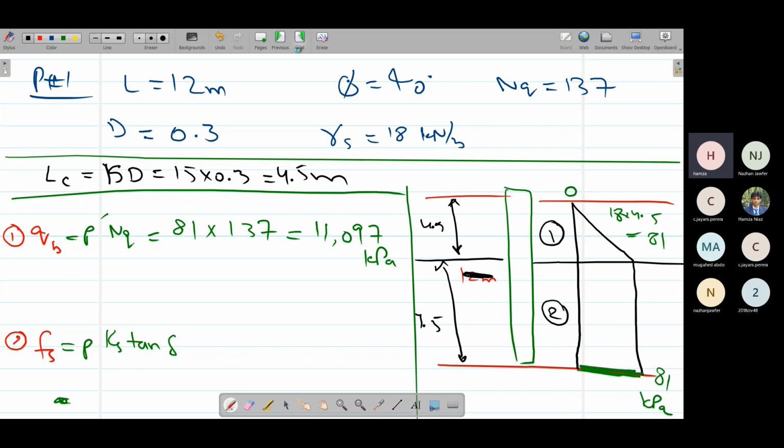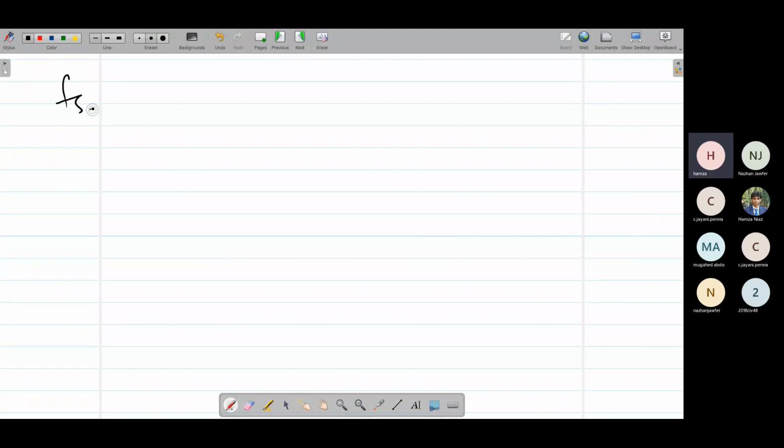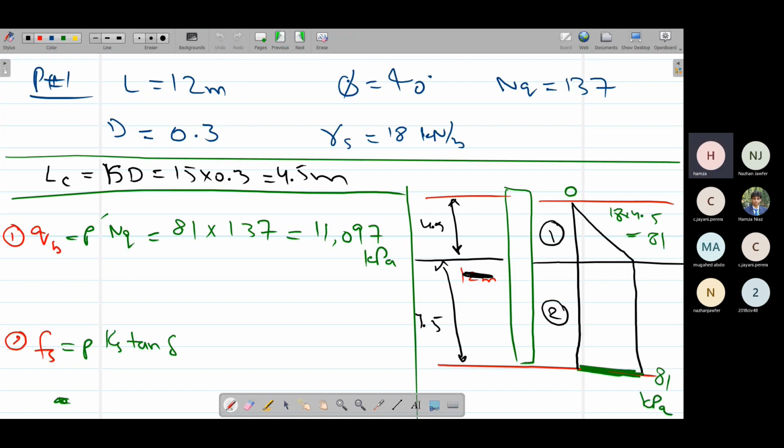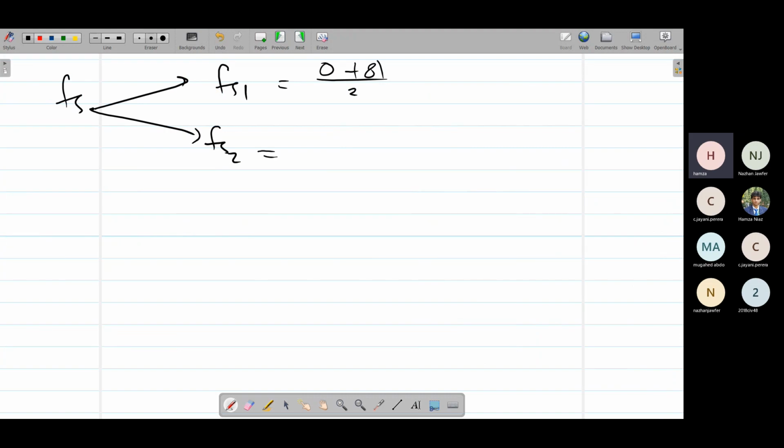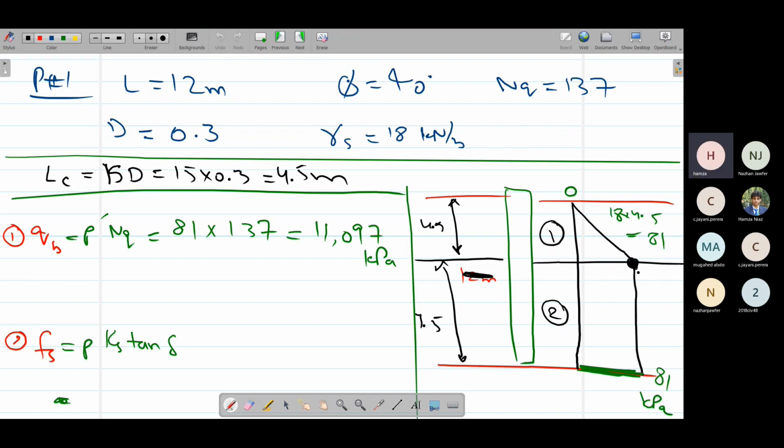So we have to divide Fs into two parts, Fs1 and Fs2, for both layers. For Fs1, our P would be (0 plus 81) by 2. This is the average stress in the first layer, 0 at the top, 81 at the bottom. For the second layer, P would be (81 plus 81) by 2, because the pressure is constant.